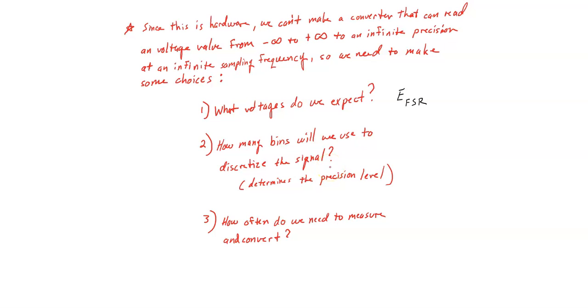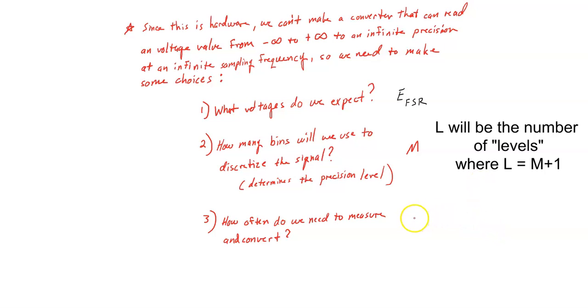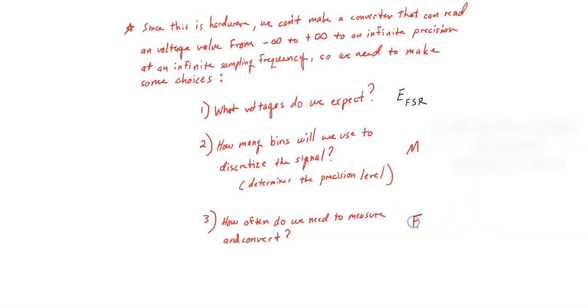And so the number of those transistors will determine how many actual values we can report, and we'll get into an example of this later. But we're going to use the value M to represent the number of bins into which we are discretizing our signal. And then the sampling frequency, so how often in time we're measuring our signal, we're going to call Fs.